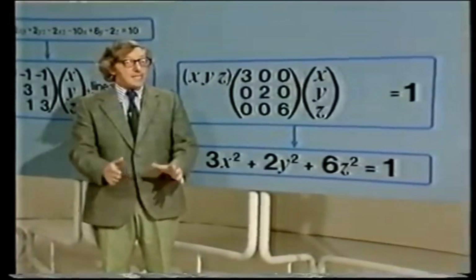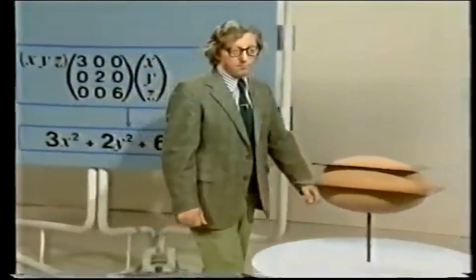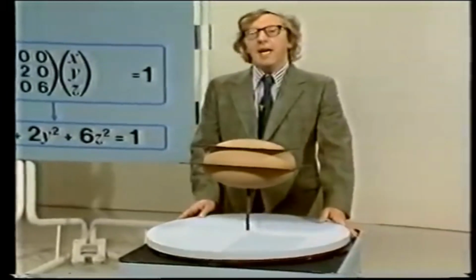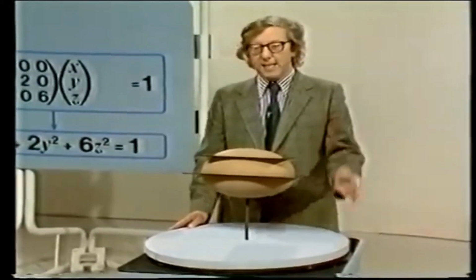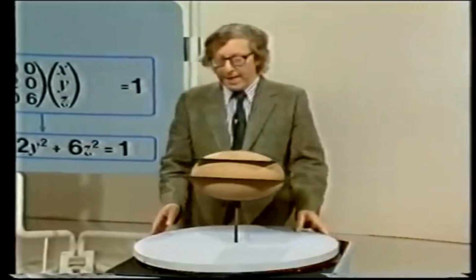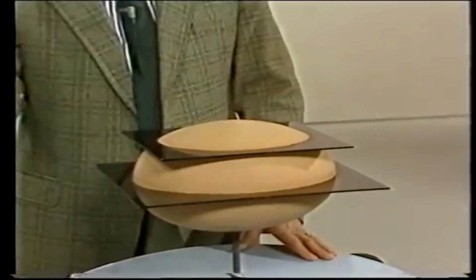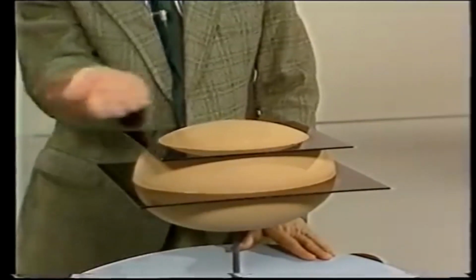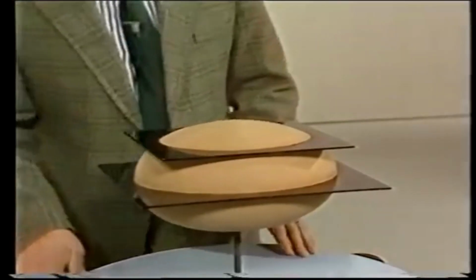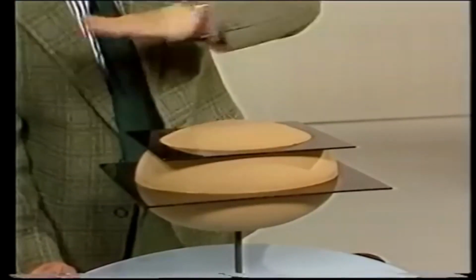And it's fairly easy to see what's going on by means of a model. Well, here is our quadric surface, and you'll recognize it's precisely the one that we had at the beginning of the program. It's an ellipsoid, and if I take a slice with z equals constant, that corresponds to a plane along here. Now, if I take very big z, that's way up here, and, well, I won't get anything at all.